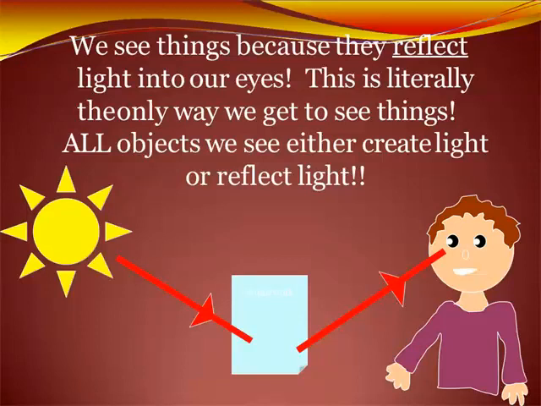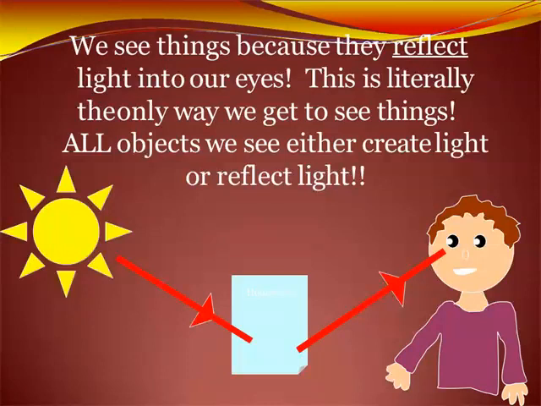I have given you the example of a blind man previously. Suppose this boy is blind, so can he see the piece of paper? No, he can't, because the reflected light doesn't reach the blind boy.